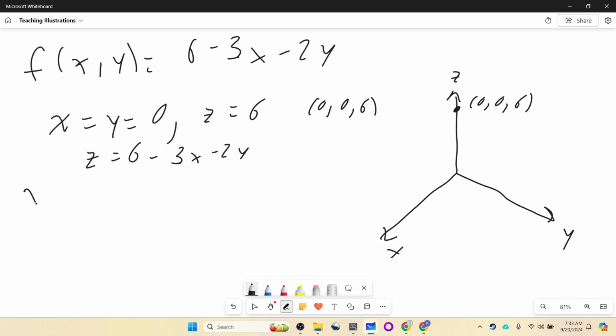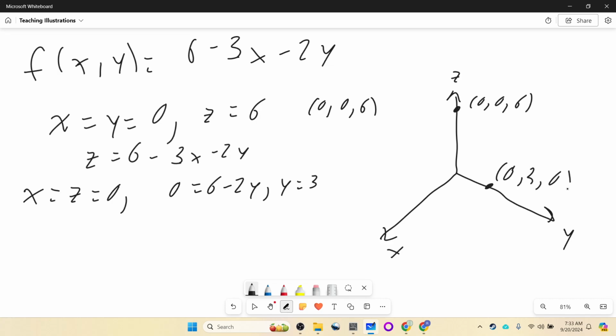If x and z are both 0, then we have 0 equals 6 minus 2y, so y is 3. And if y and z are both 0, then we have 0 is 6 minus 3x, so x is 2.